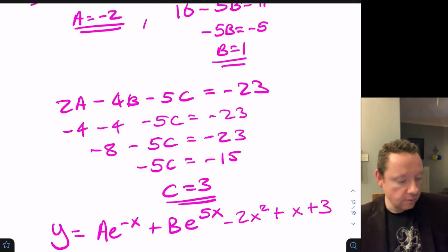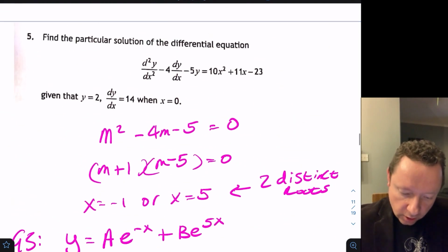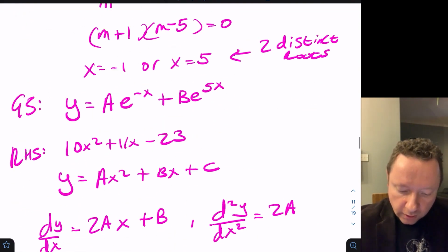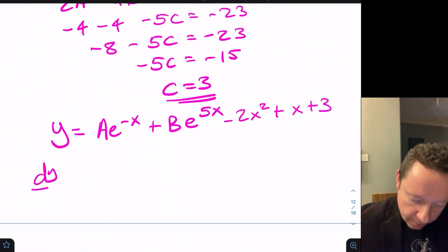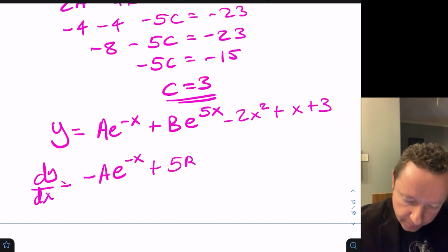So now we can differentiate that, because we also know from the start of the question, way back up here, that when x is 0, y is 2 and dy by dx is 14. So finding our dy by dx first, that's minus a e to the minus x plus 5b e to the 5x minus 4x plus 1.